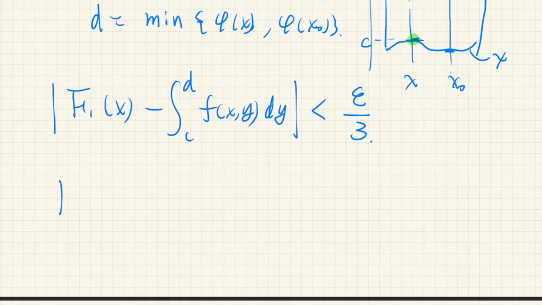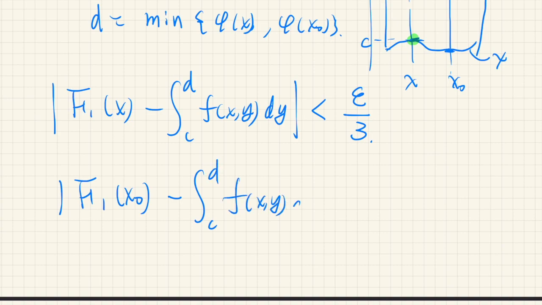And similarly, we have f1 of x0 minus the integral from C to D of f of x0 and y dy less than epsilon over 3. Well, this may look a bit tricky, so let me explain a little bit.